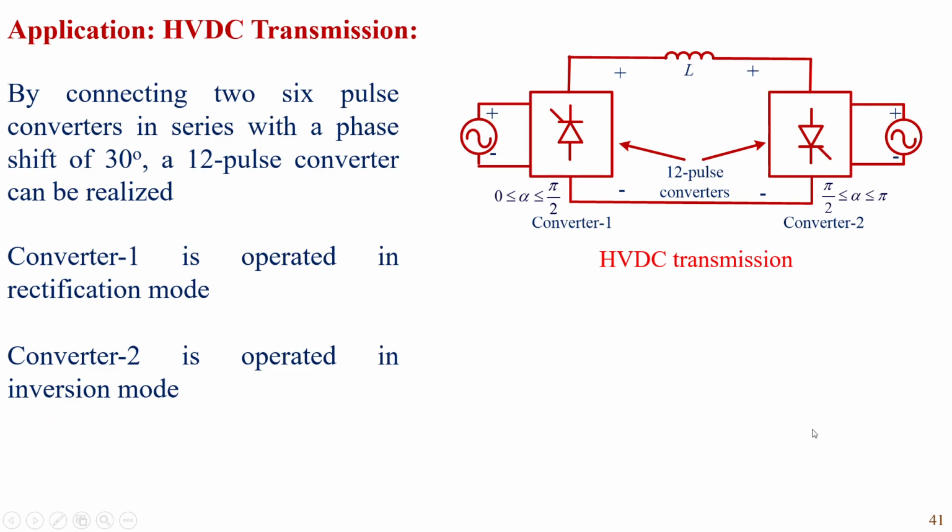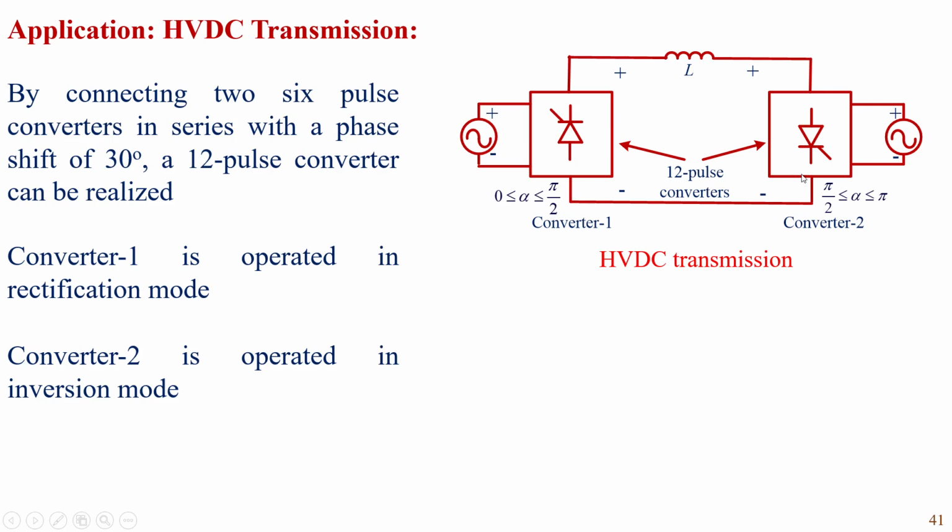I want to discuss one application, HVDC transmission. By connecting two 6-pulse converters in series with a phase shift of 30 degrees, a 12-pulse converter can be realized, which is popularly used in HVDC transmission. At the sending end, converter 1, which is a 12-pulse converter, is operated in rectification mode with a firing angle between 0 to pi by 2.